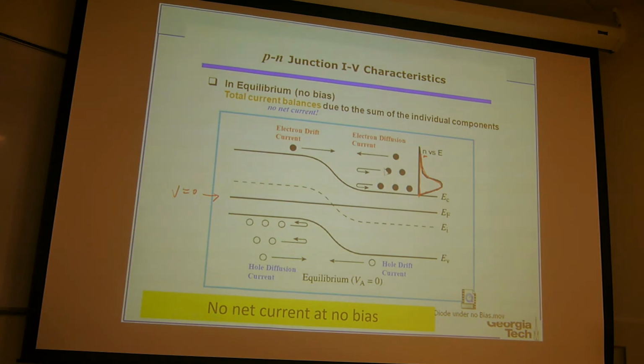Okay, so then we talk about those electrons tending to diffuse. But here we have a barrier due to this built-in potential. So the electrons down here cannot jump over this barrier because they don't have enough energy. They will be reflected back like this. So only the electrons at the top will have higher energy than this barrier, so they can jump over.